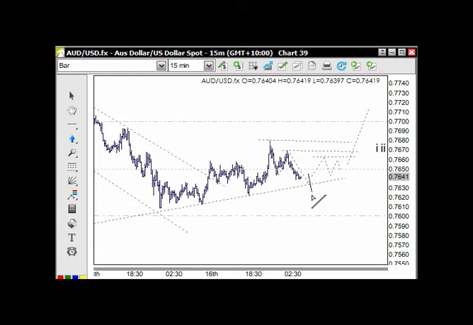However, if for some reason we get this corrective move here, because it normally comes back and retests the trend line there, and if it fails from that point, then you look to go short from that point. So the count is to the downside, but with the US dollar index pulling back, it will depend on the commodity markets as well.